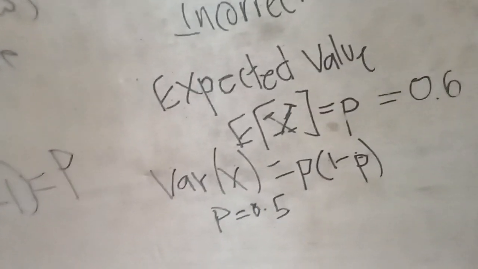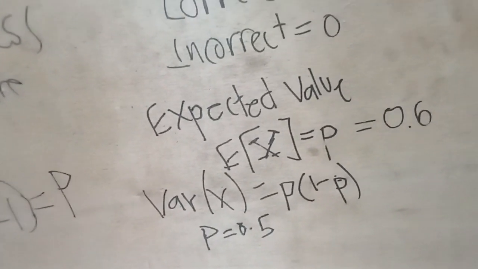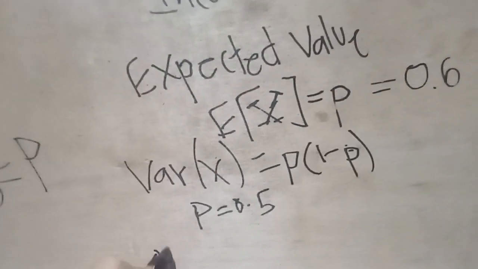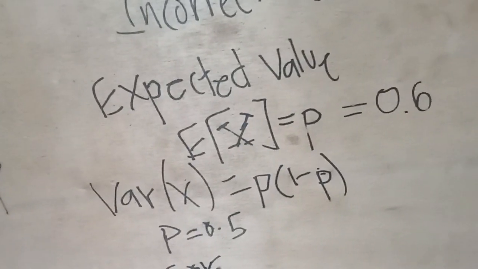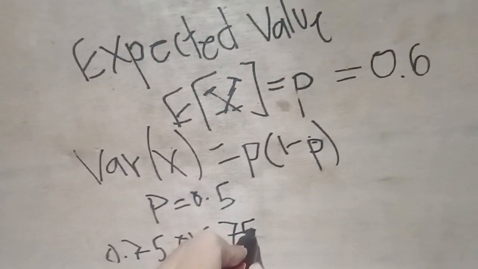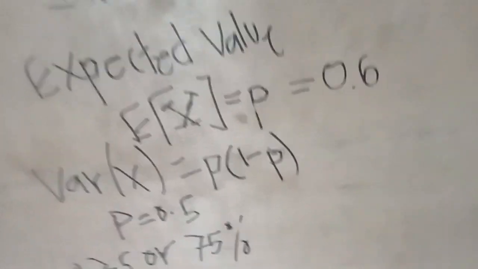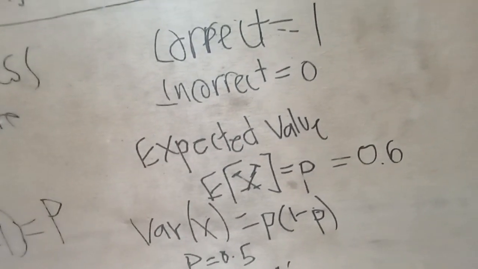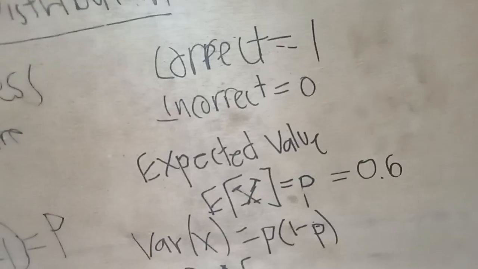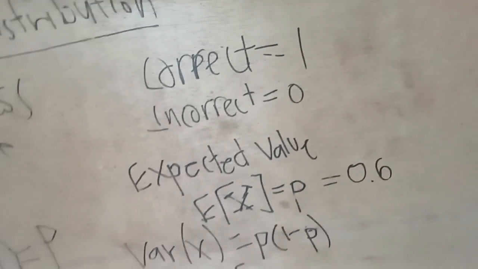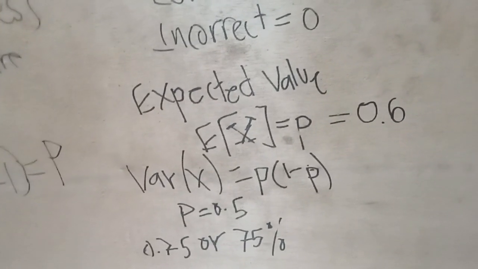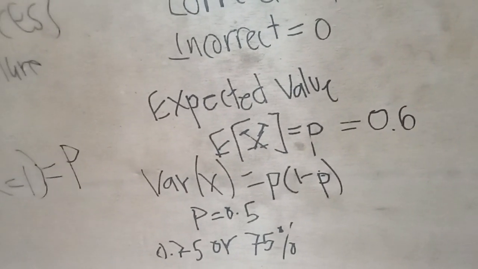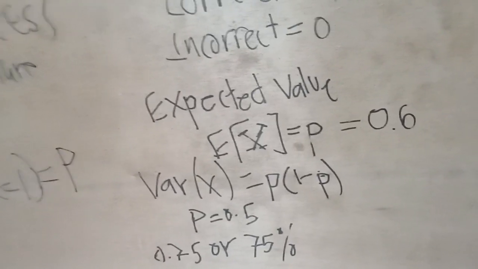Suppose a student has a 0.75, or 75%, probability of answering a true or false question correctly, because they study well.